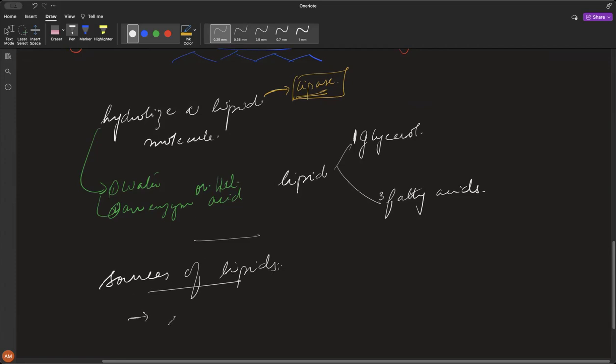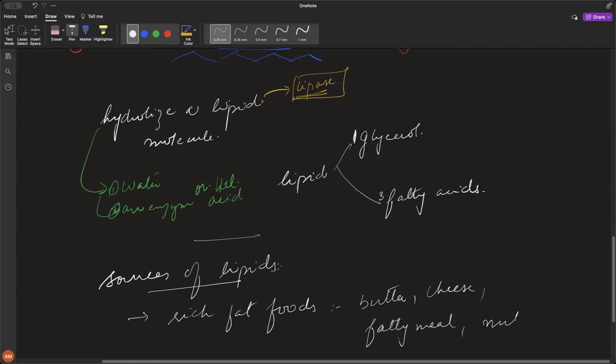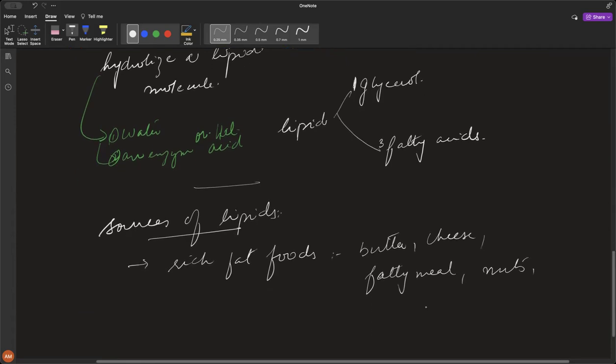Rich fat or rich lipid foods you can say are butter, cheese, fatty meat, nuts, castor oil, palm oil, and all the other oils, right?